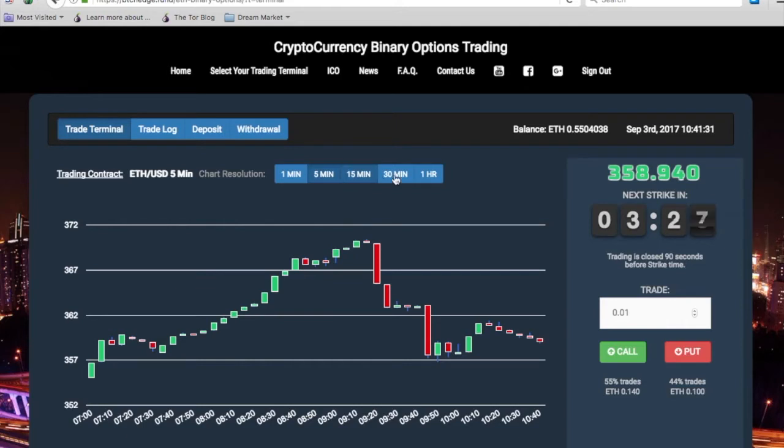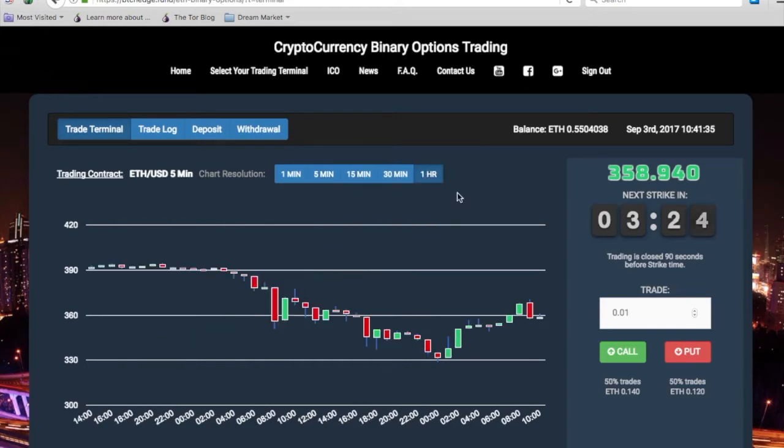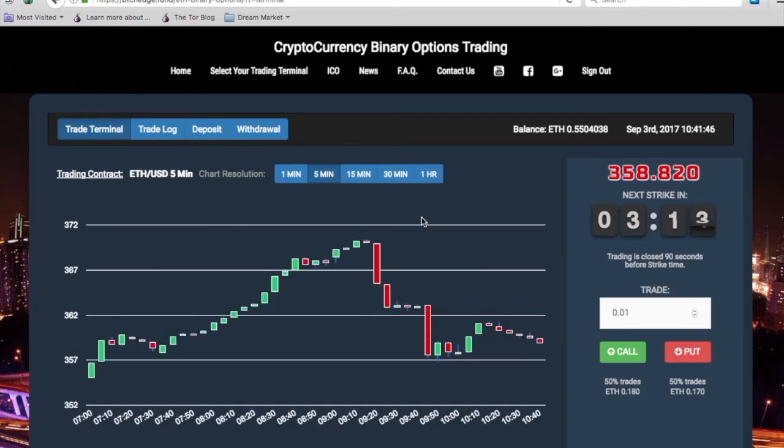If you are familiar with candlestick charts, you can fast forward from now on, but for the beginners, I'll briefly explain what that means. Very important is the color of each bar.